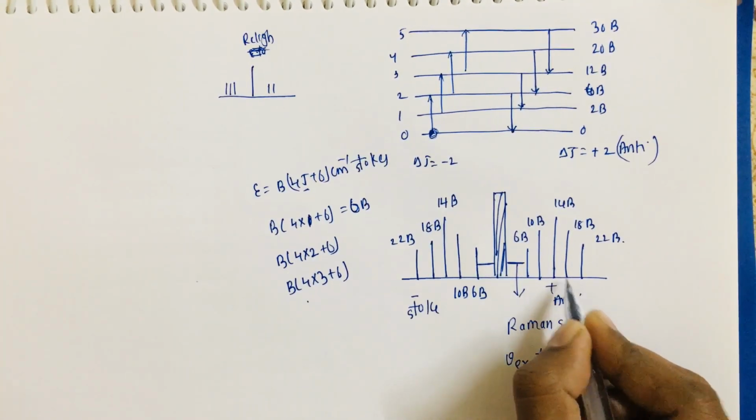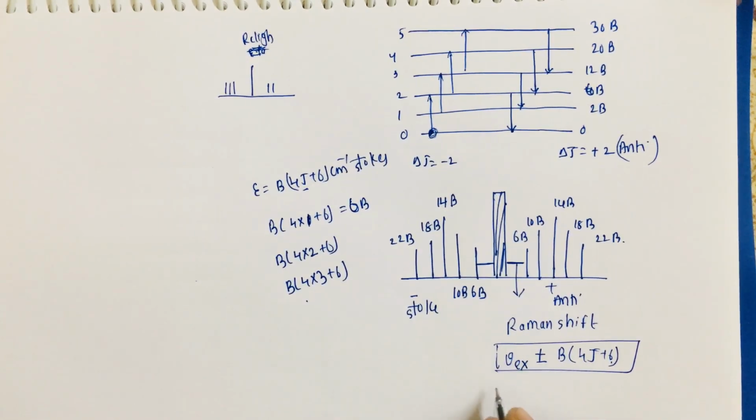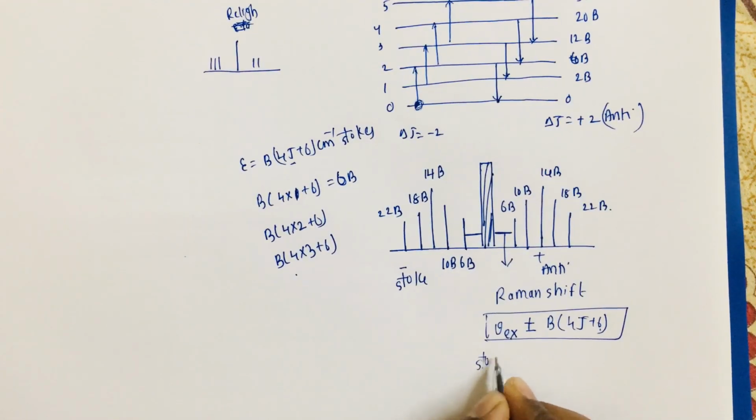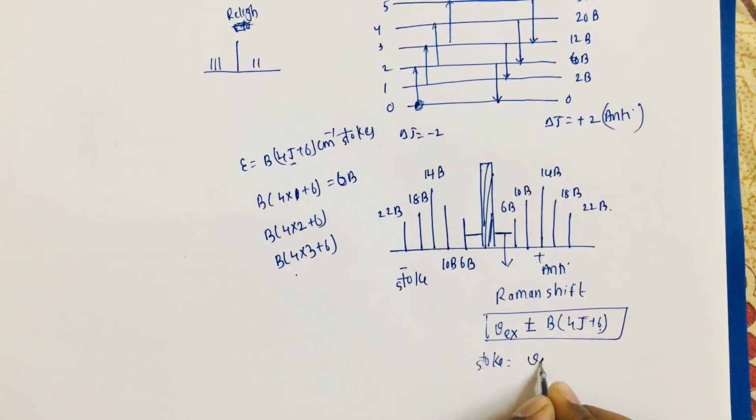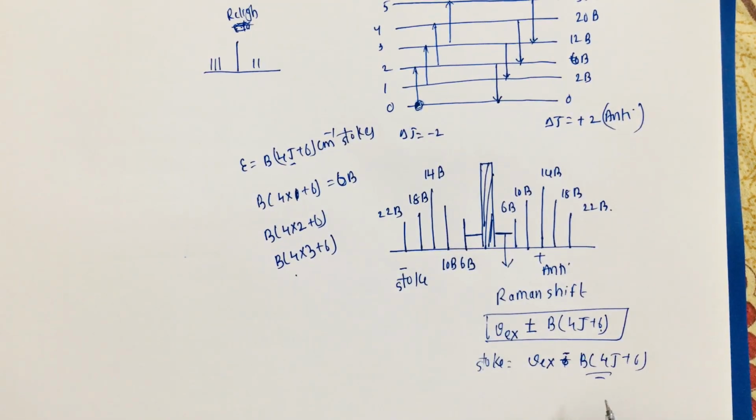So we have plus and minus, and for that the Raman shift can be plus or minus. If they ask for Stokes lines, then it will be nu_ex minus B(4J plus 6). For anti-Stokes lines, it will be plus. So this is about linear molecules.